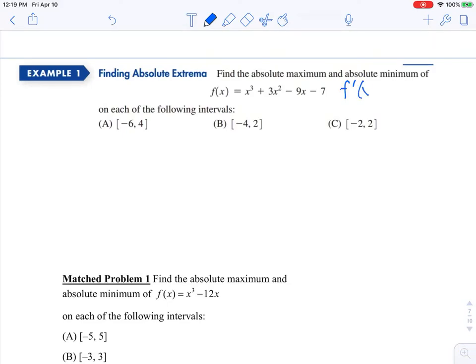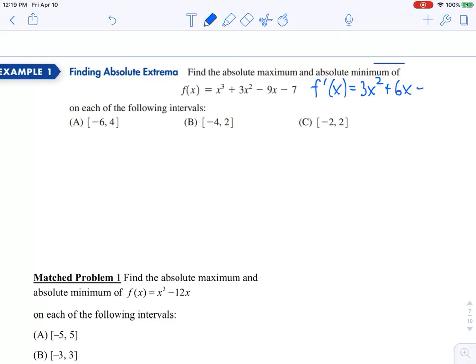The first thing we're going to do is find our critical values, which is to find the first derivative and where the first derivative is equal to 0. x plus 3. So our critical values are -3 and 1.